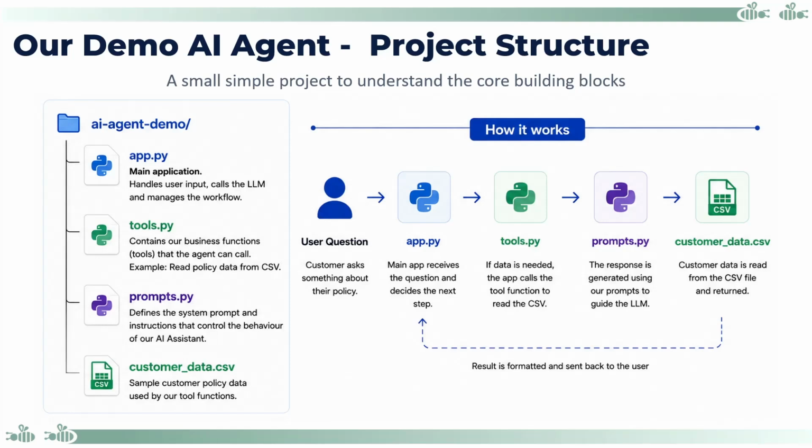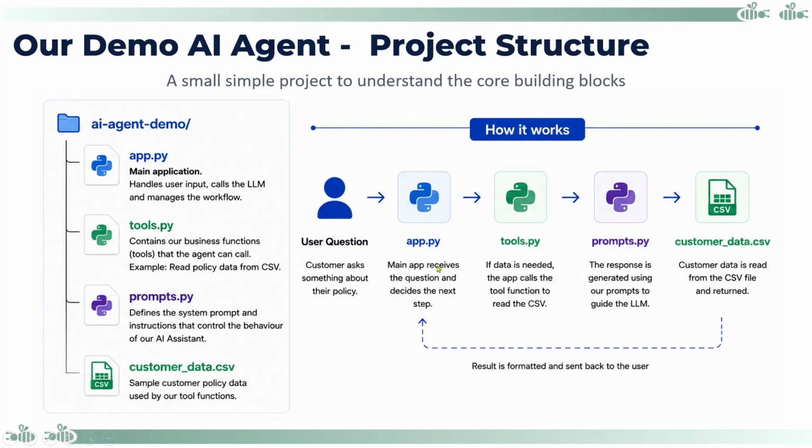In this project, we have an app.py file which acts as the main application, a tools.py file where our business functions are written, and a prompts.py file that defines the behavior of our AI assistant. And finally, a CSV file containing our sample data.